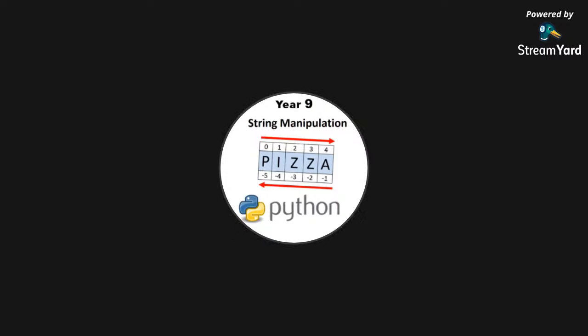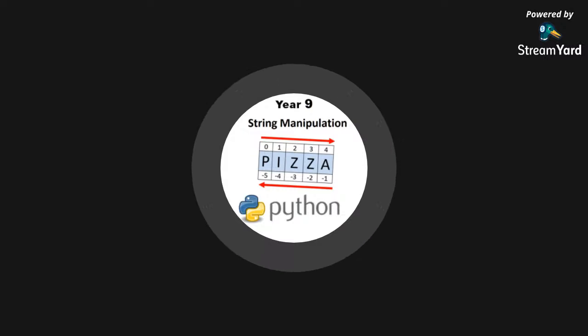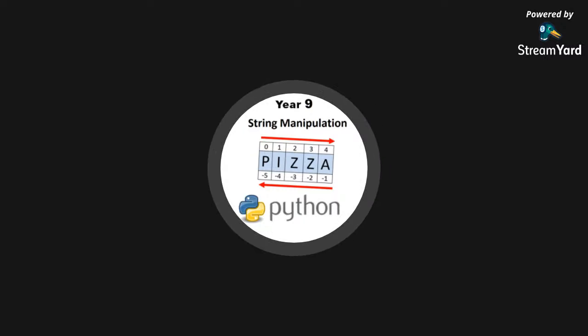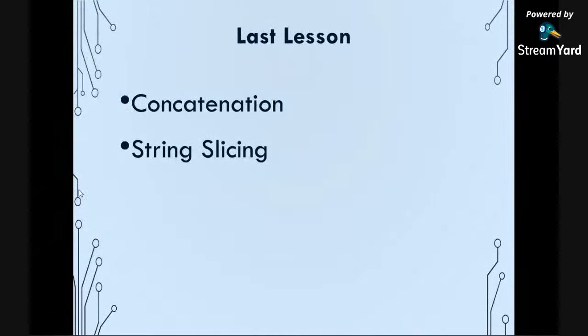We are on a new lesson for this week, continuing on that theme of string manipulation that we started last lesson. Last lesson, we were looking at concatenation and string slicing. We were looking at these two main things, right? So I'm just going to do a quick recap of that, the tasks that I got you to do.